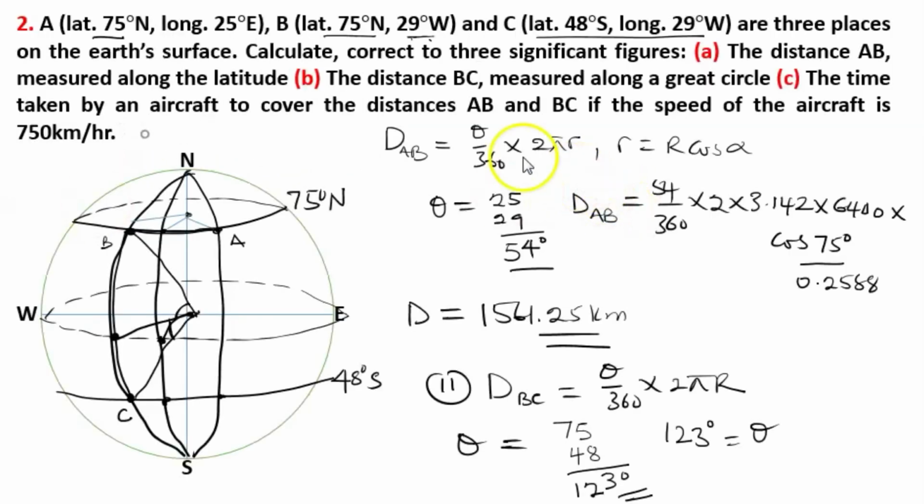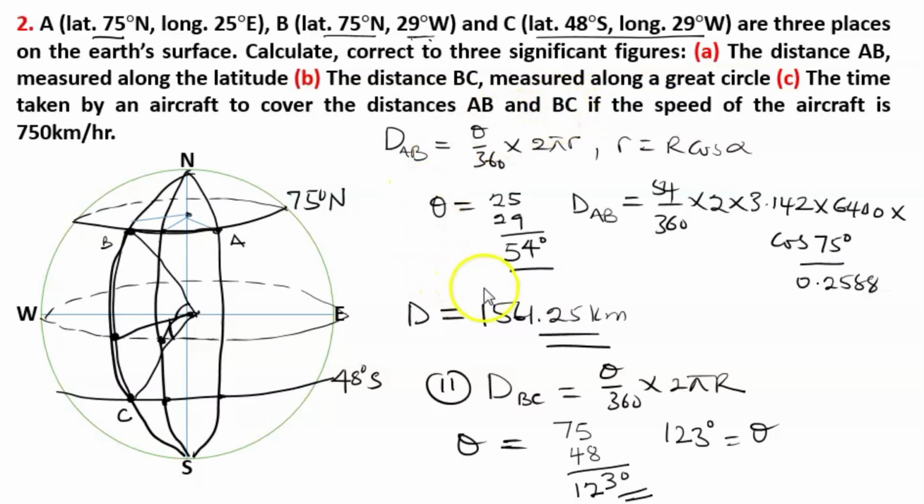All right, then the last question asks us to find the time. It said find the time that it takes the aircraft to cover the distance AB and BC, if the speed of the aircraft is 750 kilometers per hour. Before we do that, we have to add up the distances between AB and BC.